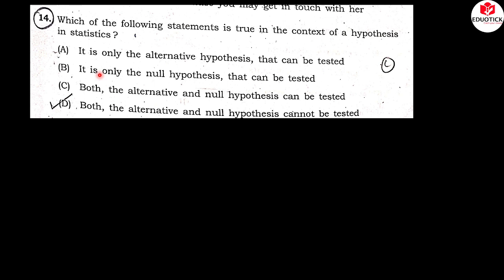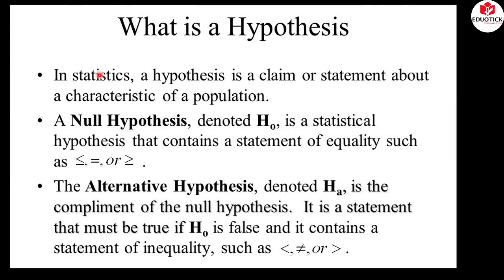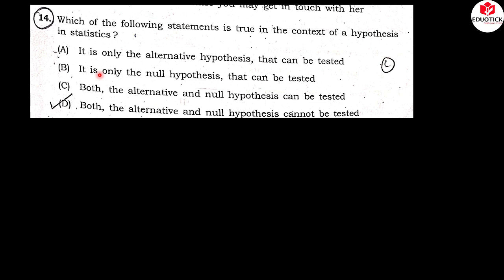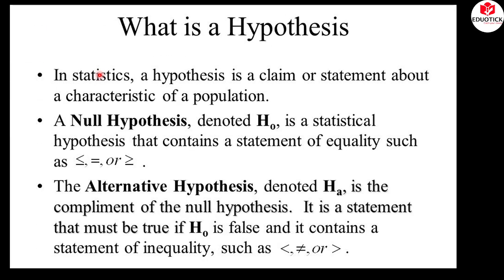So the next question is, which of the following statements is true in the context of hypothesis in statistics? To know this answer, firstly we have to know what a hypothesis is. I think you heard about hypothesis in mathematics in maybe class 8, 9 or something. A hypothesis is actually a statement which has no proof.